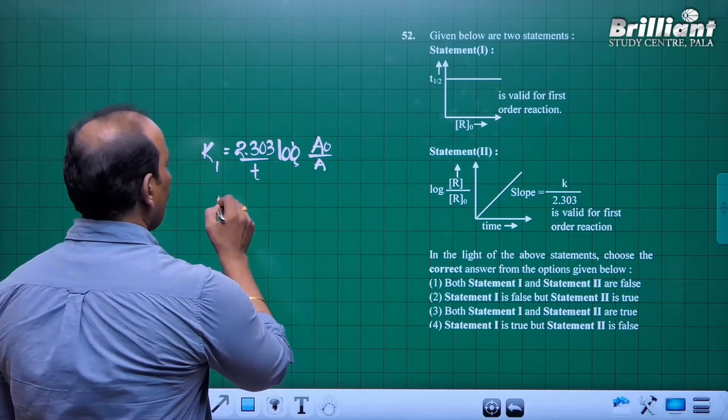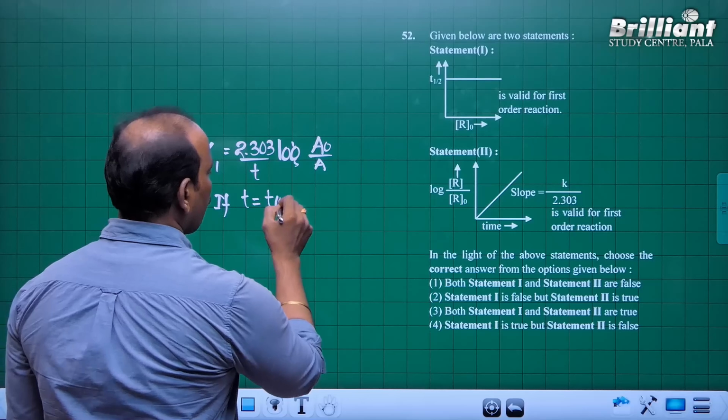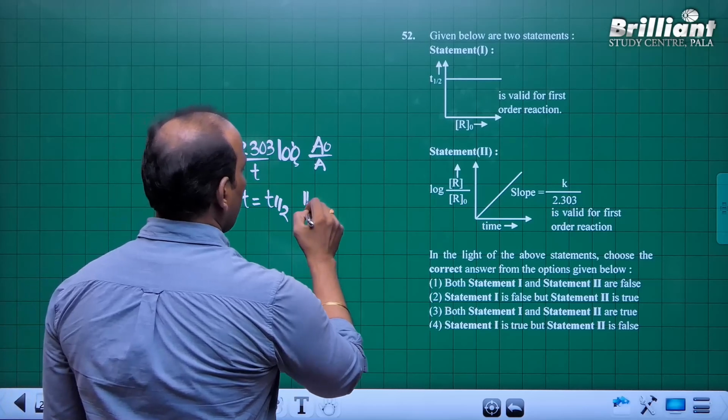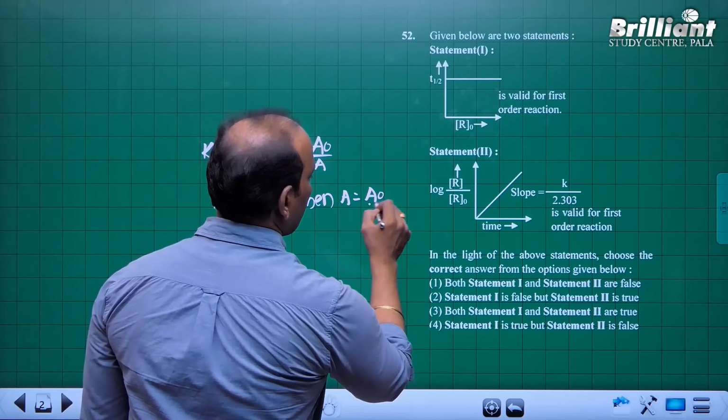If T equal to T half, then A equal to A0 by 2.